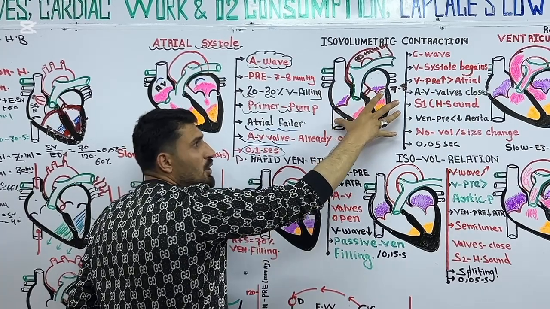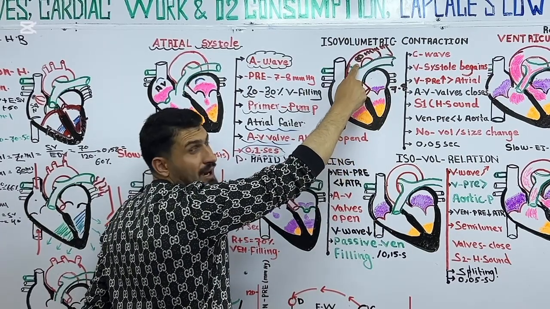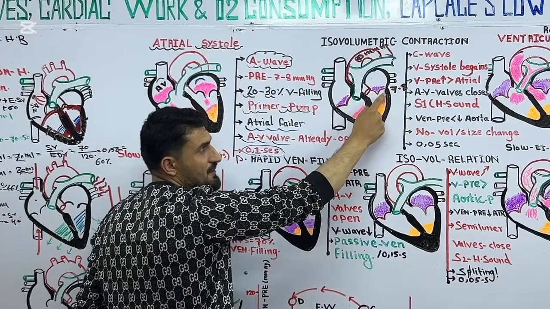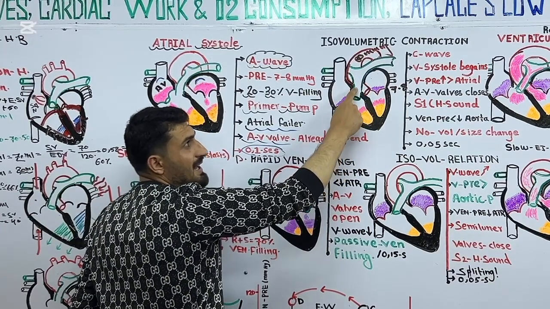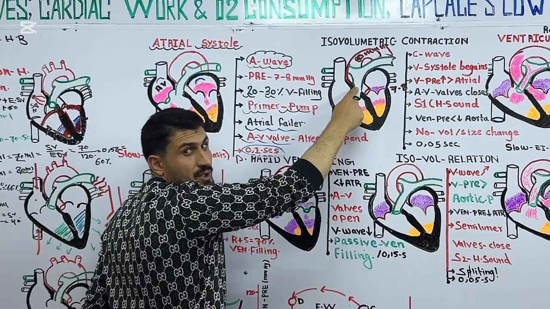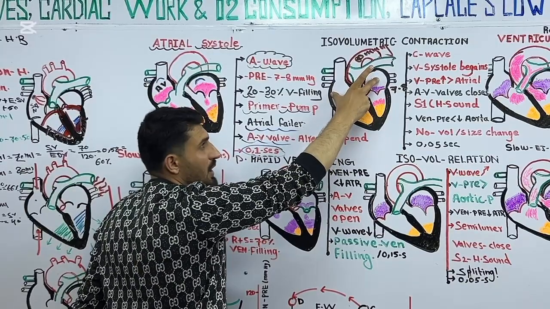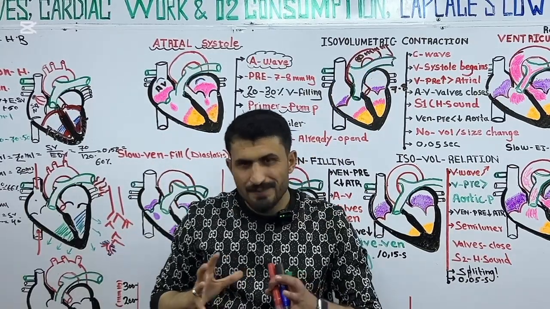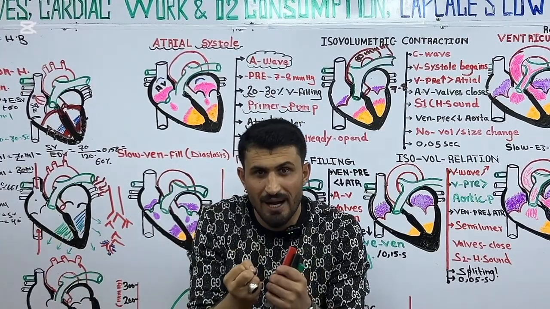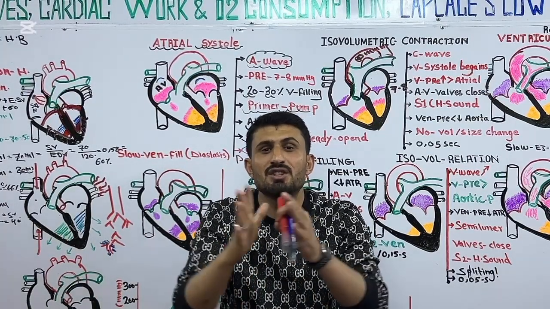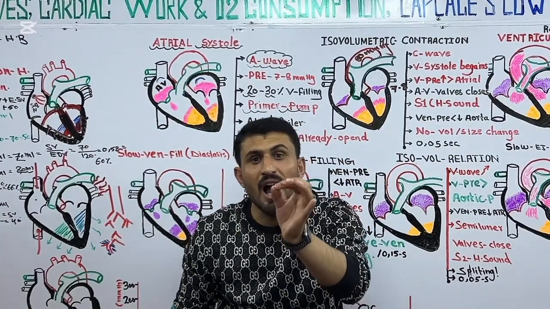Here we cannot pump blood from the inside of the heart to the outside because pressure is, on the left side, less than aorta, and on the right side less than pulmonary artery, and also we cannot receive blood from these two atria. So when I cannot eject blood and also I cannot receive blood, it means there is no change in volume of left ventricles. So this is called isovolemic.